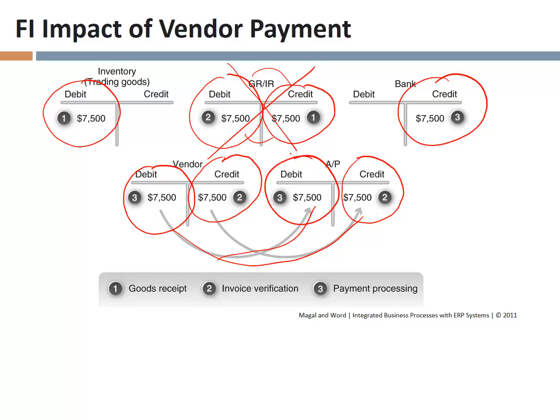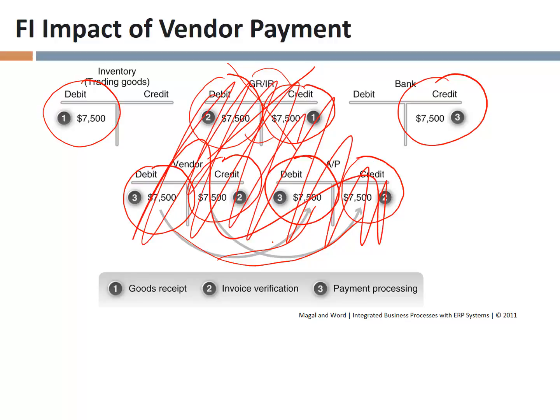So notice that when everything is said and done, the only thing that's left with a balance on it is we now have more of an asset and we have less cash. And in fact, as an aside, that's exactly what would have happened if we had just bought this for cash to begin with. But when we buy on credit and with extended payment terms, that's where all of these other accounts get involved in the process here.